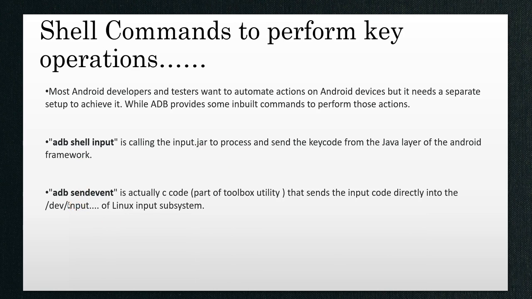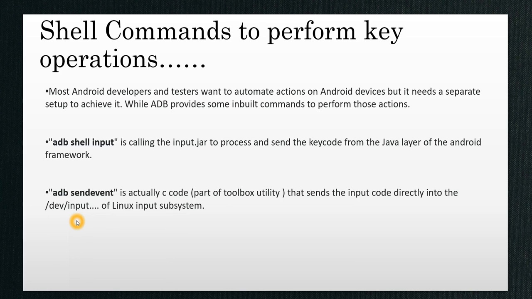And second, I'm sending events through my ADB. You will understand the difference between ADB shell input and ADB sendevent when I go through the demo video. ADB sendevent is actually C code. It sends the input code directly into the device input of the Linux input subsystem.